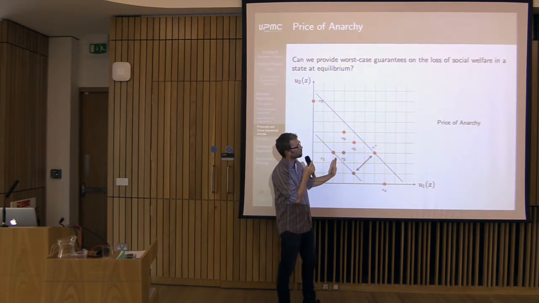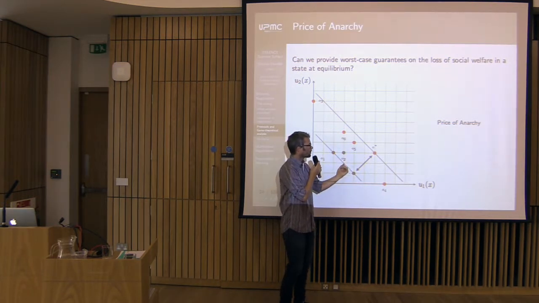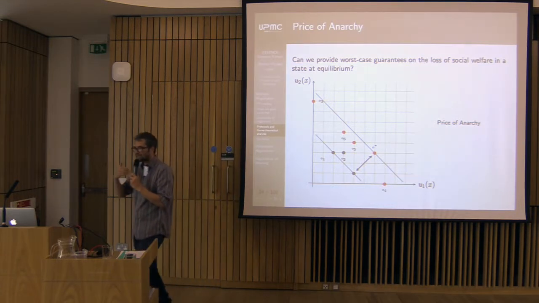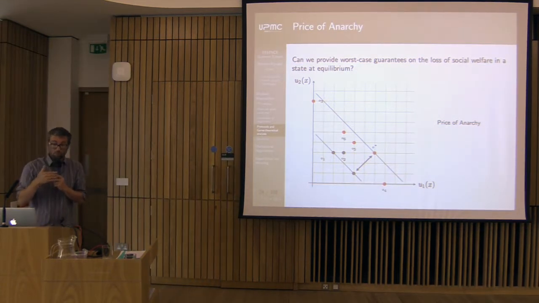Okay, you have different notions related to this, but this notion is very successful in assessing what it takes to let agents negotiate by themselves, as opposed to solving the problem centrally and getting the optimal solution, if we can.